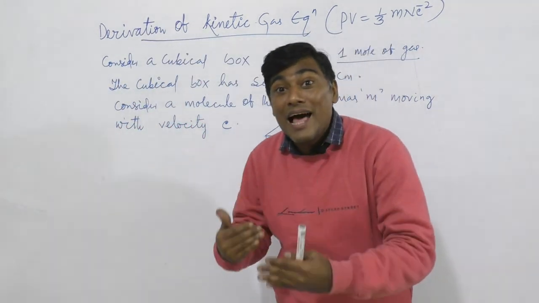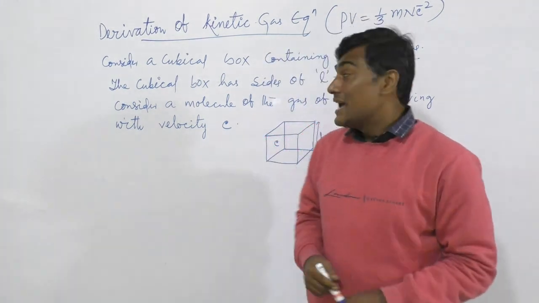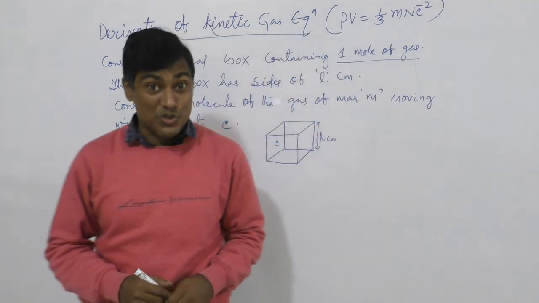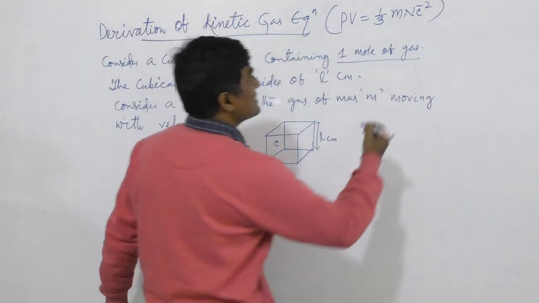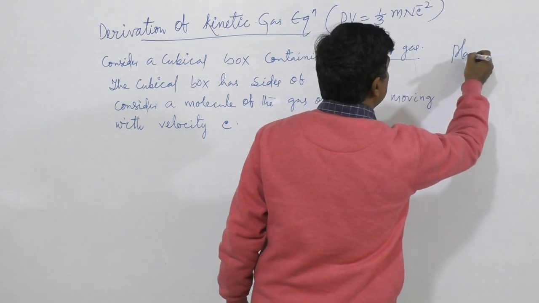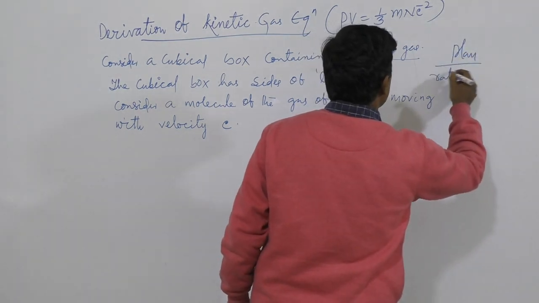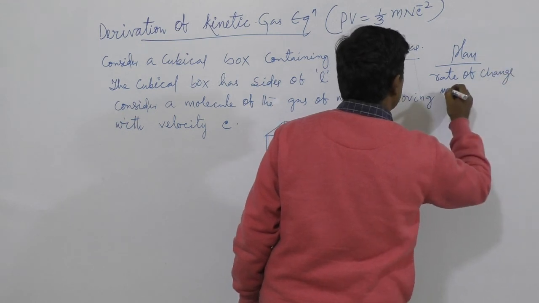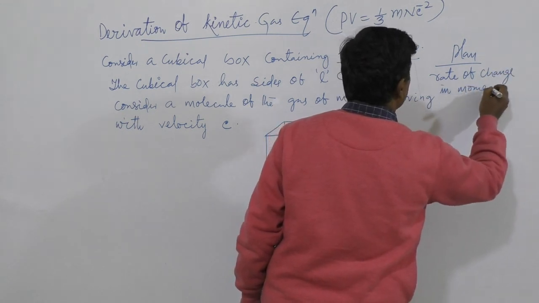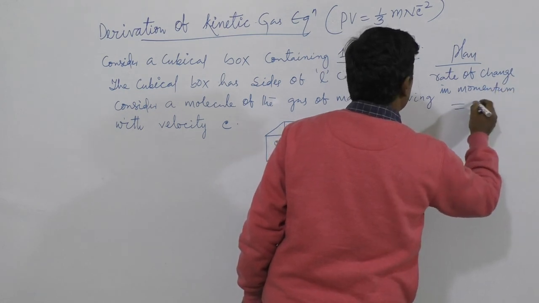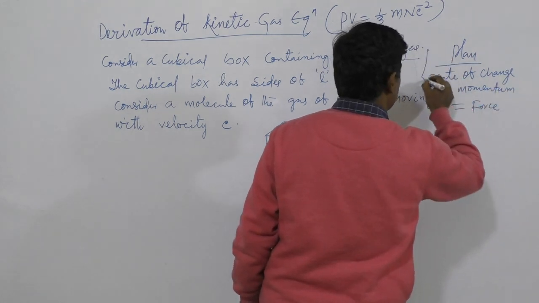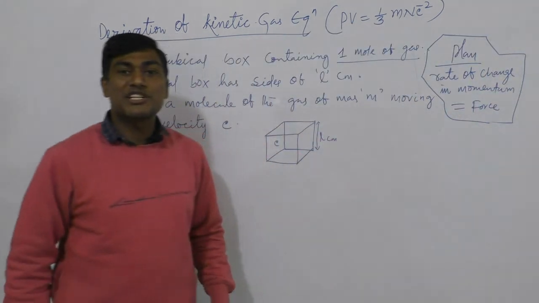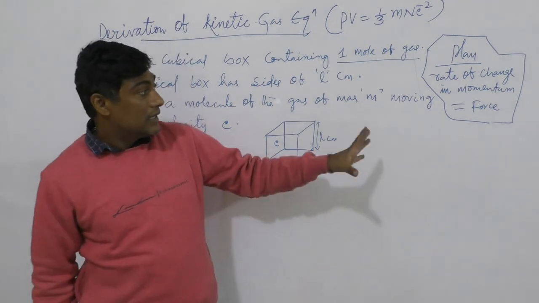What is the plan of our derivation? How can we derive PV is equal to 1 by 3 mn c square? Our plan is: rate of change in momentum is equal to force.